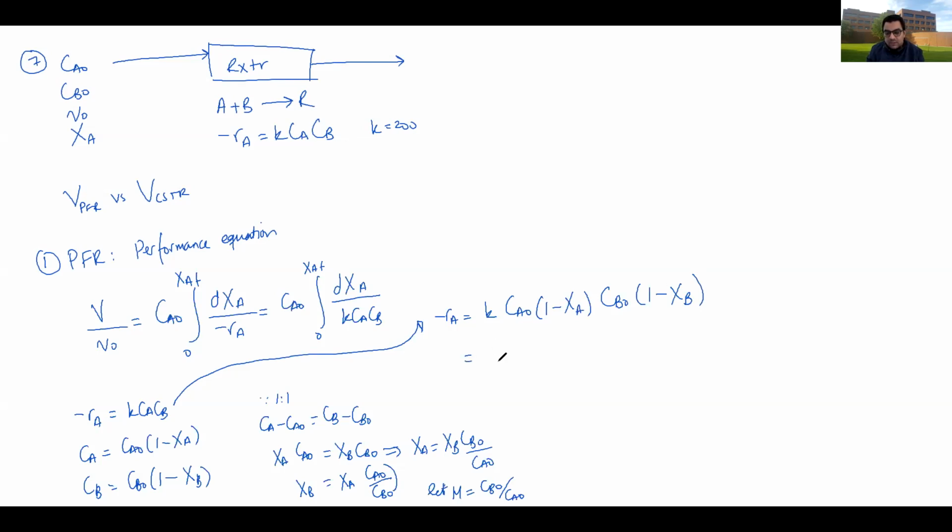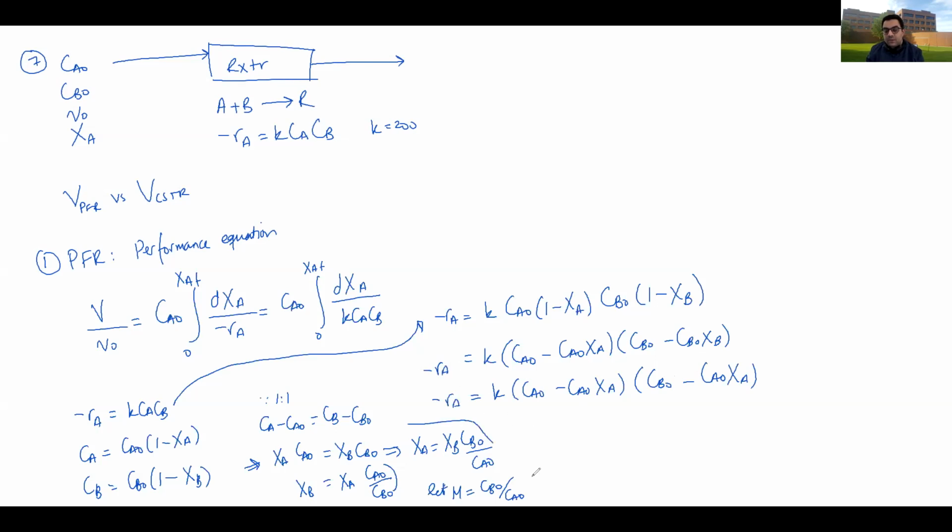So I get K times CA naught minus CA naught XA, multiplied by CB naught minus CB naught XB. Then I'm going to use this fact to replace it here. So now I have K into CA naught minus CA naught XA into CB naught minus CA naught XA. This is because XA CA naught is equal to XB CB naught, so I just made this substitution.